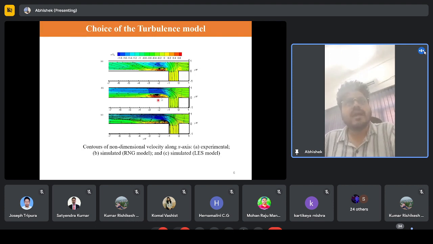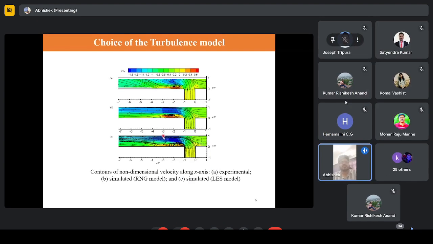But you see here that the extent of the maximum velocity zone is overestimated by both models. In the experimental data, the zone of maximum velocity is limited, but in the simulated cases, it is longer than the experimental one. But those flaws are present with both models. Even if you use the LES model, the zone of maximum velocity is overestimated.